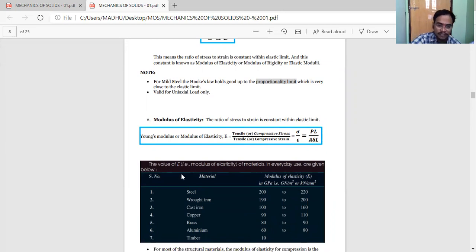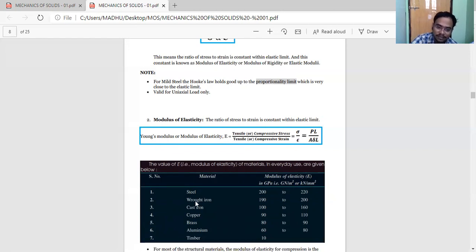Some values are given here. For each material, the modulus of elasticity E is in gigapascal, giganewton per meter square, or kilonewton per mm square. Giga means 10 power 9. So when it is Newton per mm square, 10 power 9 into 10 power minus 6 cancel, and it will be kilonewton per mm square. For steel, it is 200, very high.